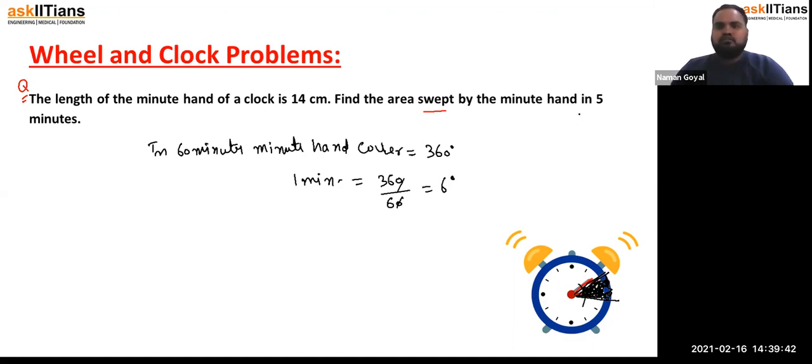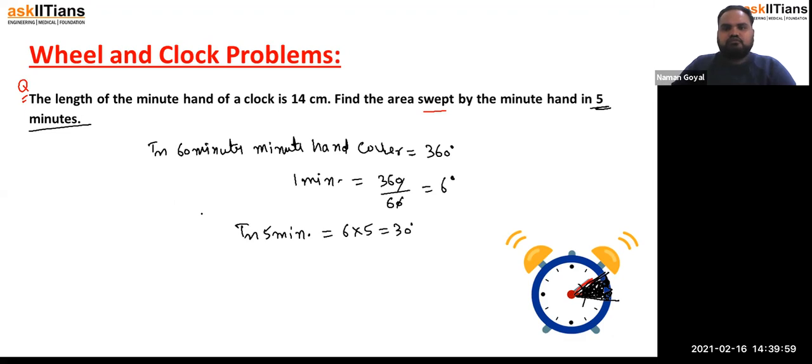The question asks for 5 minutes, so it covers 6 into 5, which is 30 degrees.